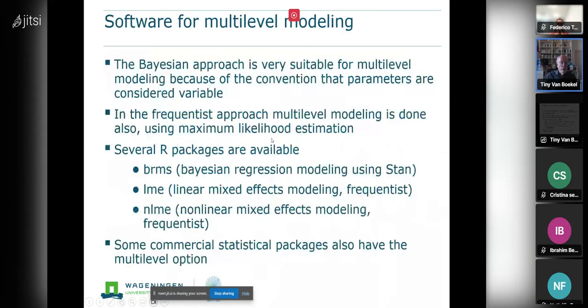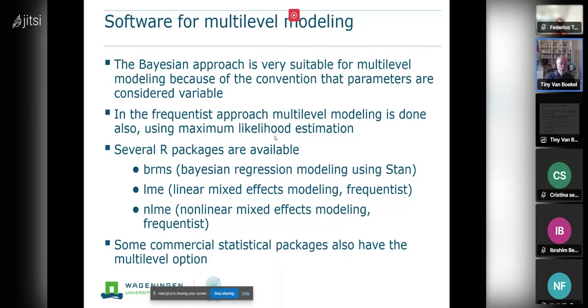Now, the software that you use for this kind of modeling goes very well together with the Bayesian approach, because in the Bayesian approach, as you may remember, parameters are considered variable, and that's exactly what we do here. We assume that the parameters can be variable.